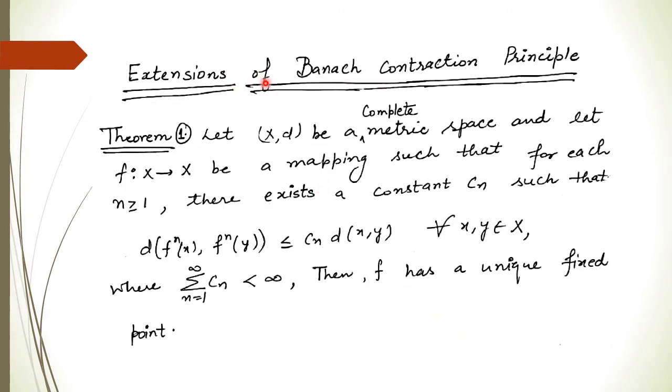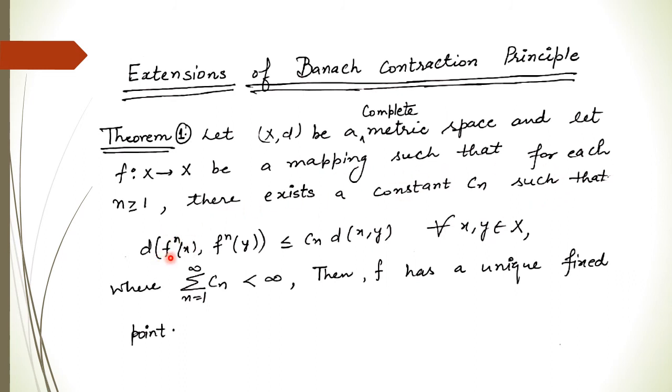Now the next is the extension of Banach contraction principle. The first theorem says: let (X, d) be a complete metric space, f be a mapping such that for each n there exists some constant Cn such that this inequality is satisfied.